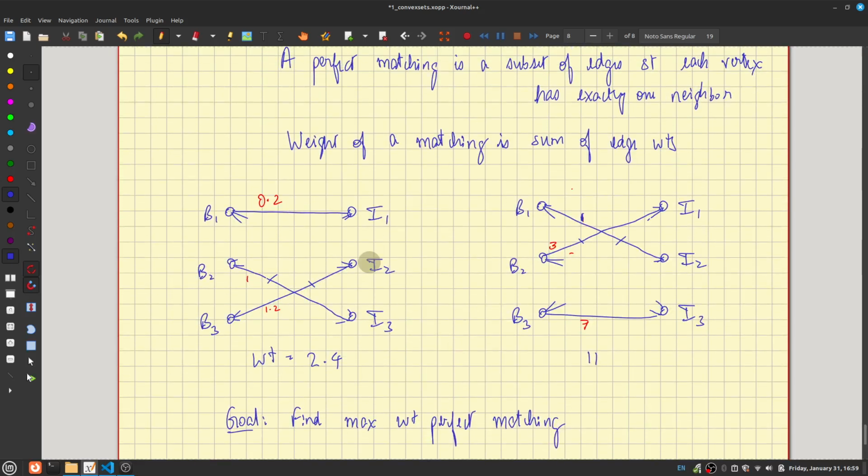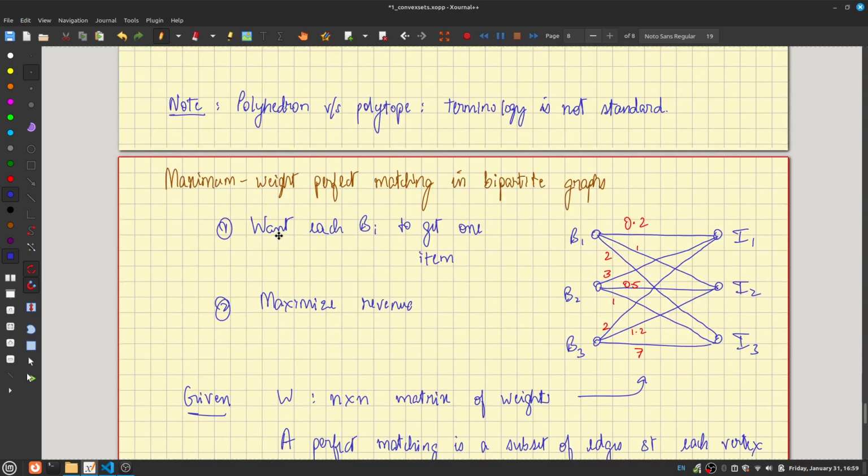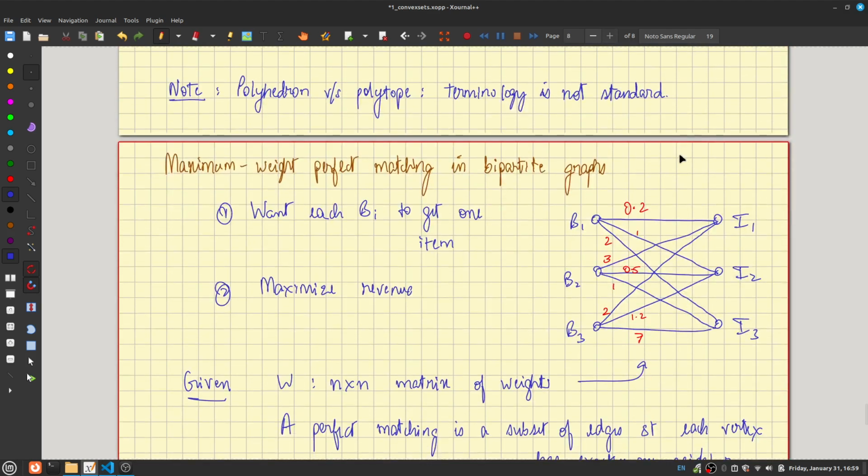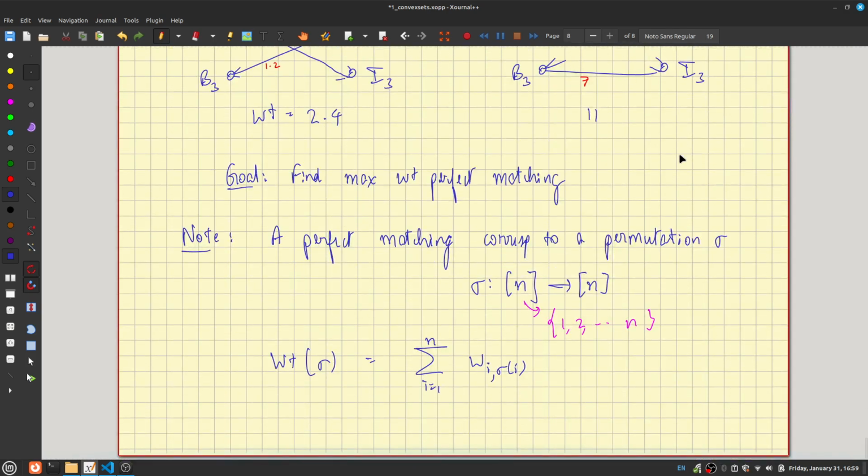So it could be possible that there is some perfect matching for which the sum of the weights is large, but it does not include the largest weight. For example, let's take a 2 by 2 case itself, where it will be easier to see.